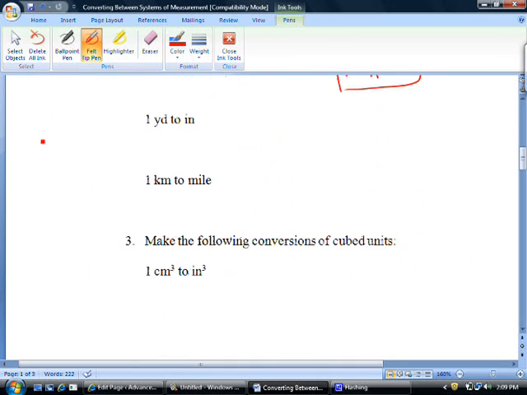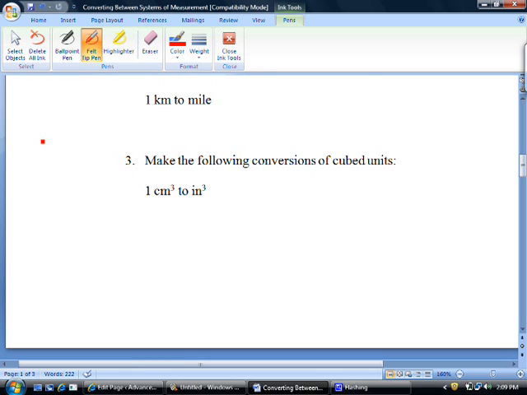We're going to scroll down just a little bit and look at problem number 3. Remember, we're going to put our known and our unknown. In problem 3, we're converting from 1 centimeter cubed to find out how many inches cubed this is. Now, remember, a centimeter cubed is like the tip of your little finger, the top half of that little section right there where your fingernail is.